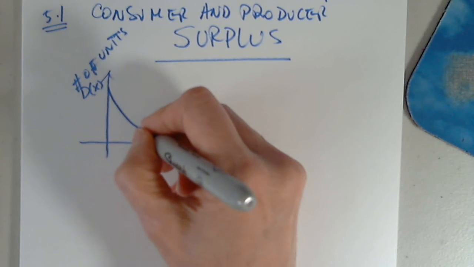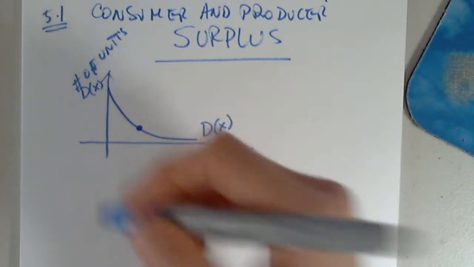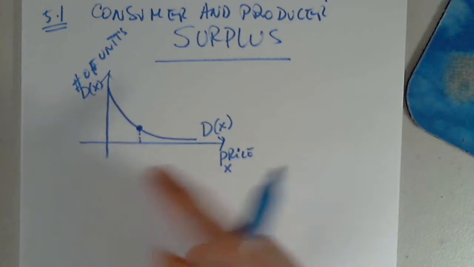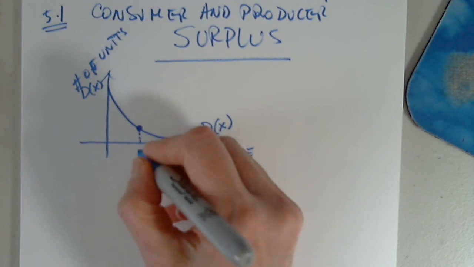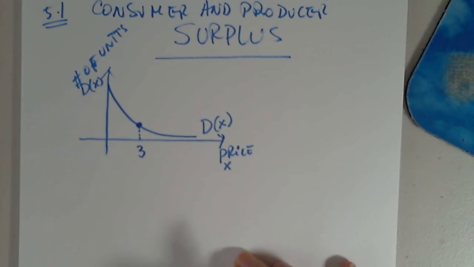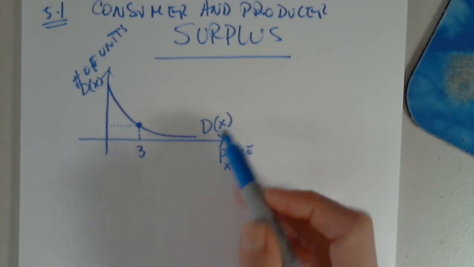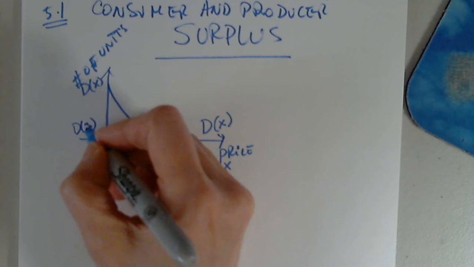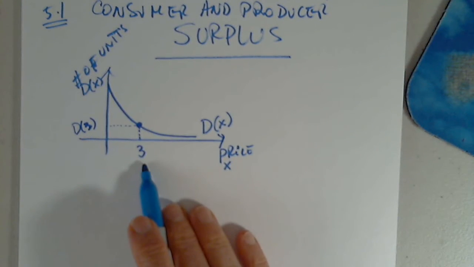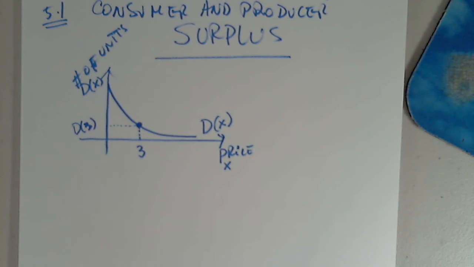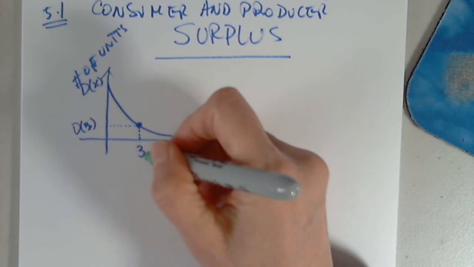Let's say we are purchasing some commodity for this price. I'm just making up a number. Let's say it's $3 per unit. And when we plug in 3 in the function for this price, this is the number of units we want to buy. So we are ready to buy at a price of 3.